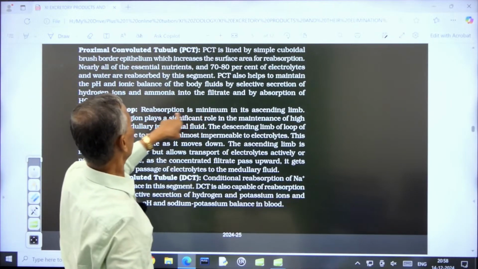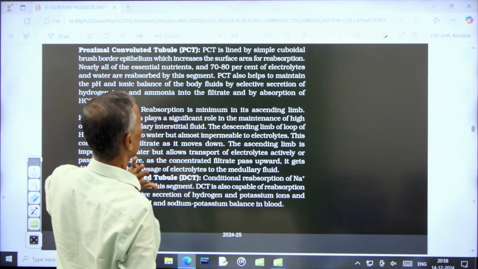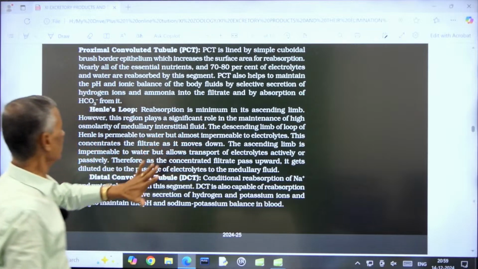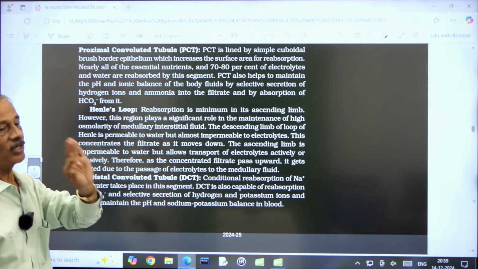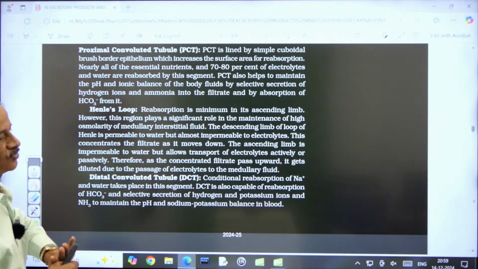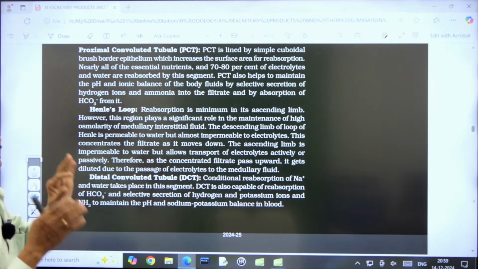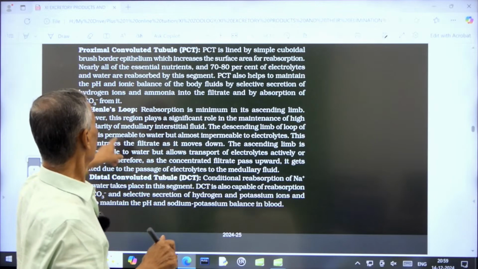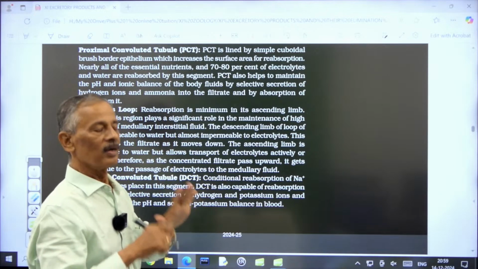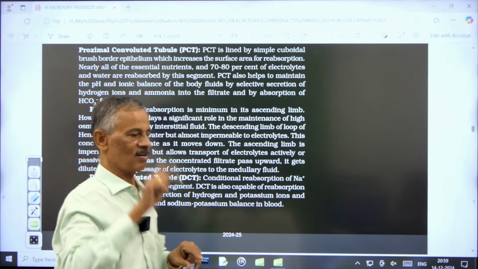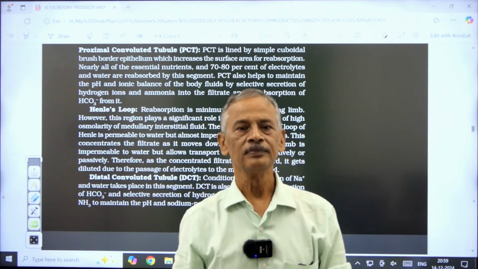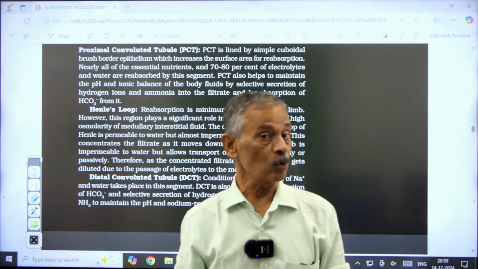Here reabsorption is minimum and it is not playing much role in maintaining the salt-water balance, but it has some important functions which help in maintaining a high osmolarity gradient. What is that? We will discuss next class. Does anybody have a doubt on this part?